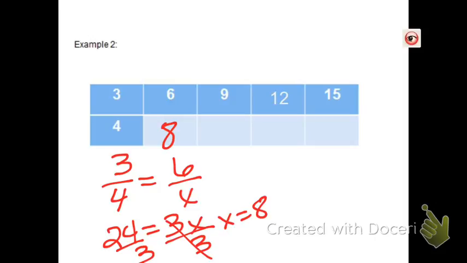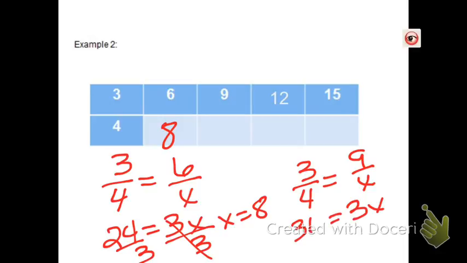So let's do the next one. 3/4 and 9 over something. So 3 times X is 3X. 9 times 4 is 36. Divide by 3 and what do we get? 12. So it's 9 and 12. Okay. Next one, 3/4 and 12 over something.